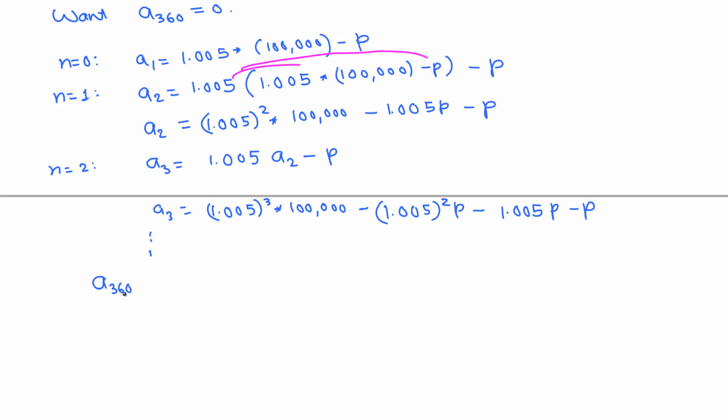So A_360, because we know the balance after 360 payments would be 0. That's why I want to find A_360.